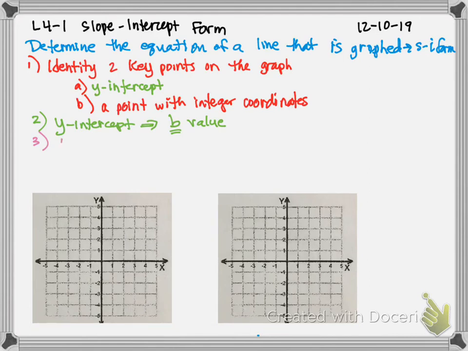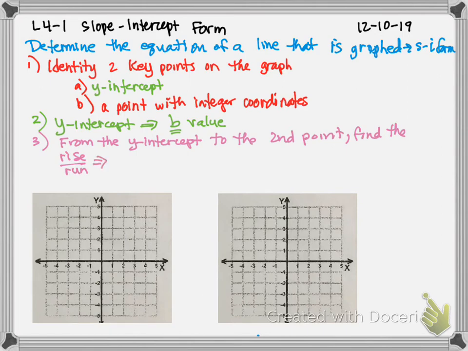Okay, so from the y-intercept to the second point, find the rise over run or slope.